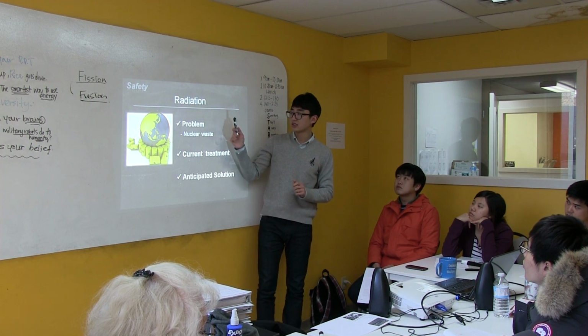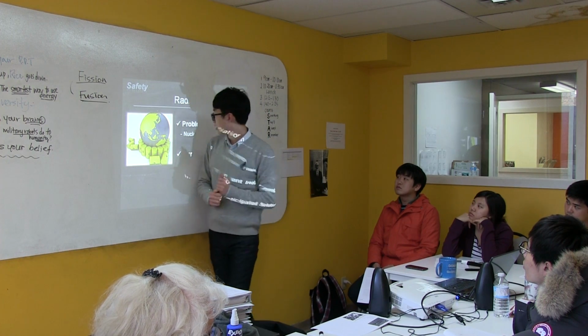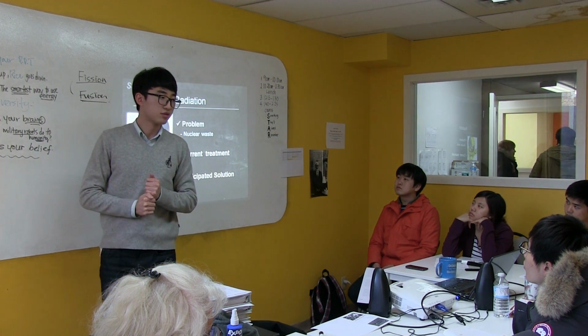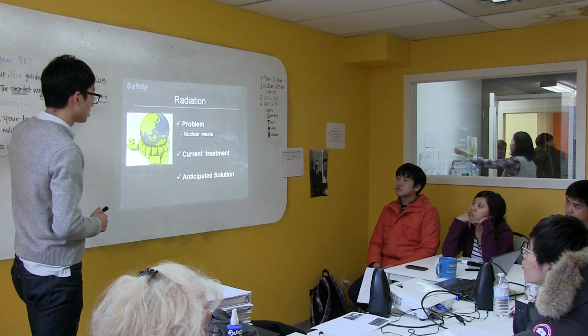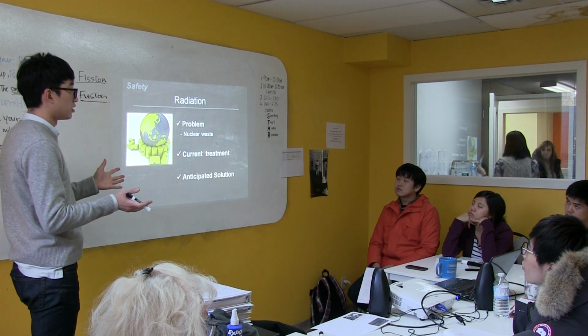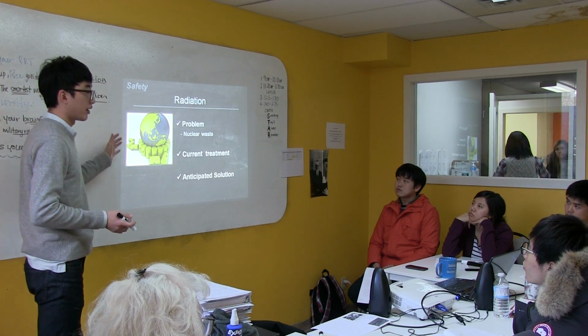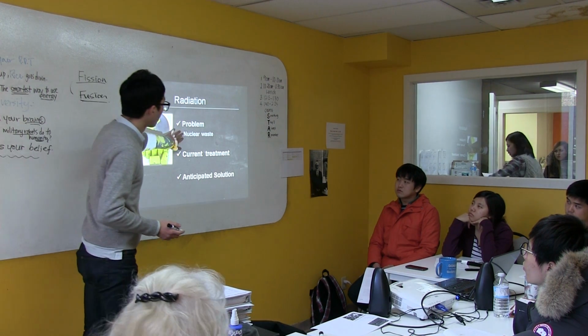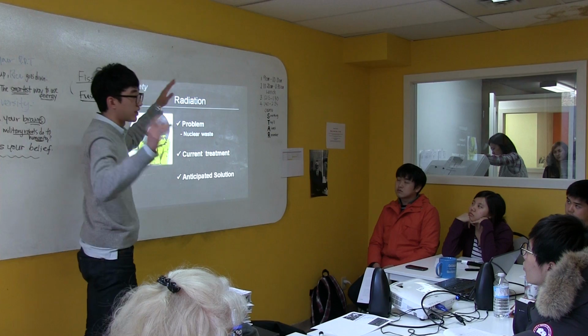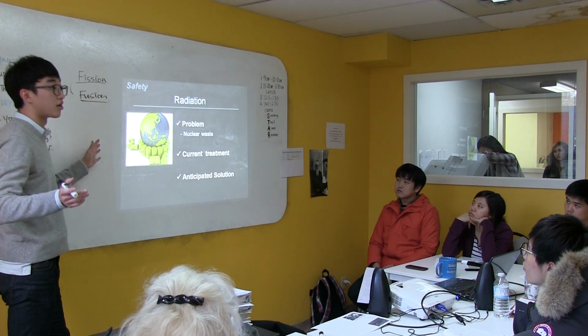The radiation comes from nuclear waste. Nuclear waste is from the nuclear reaction. There's a remainder, and we call that nuclear waste. And the nuclear waste includes a lot of radioactive materials.